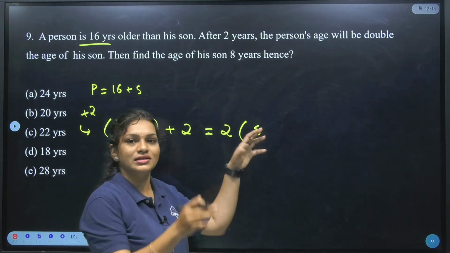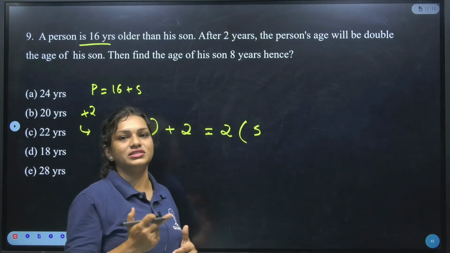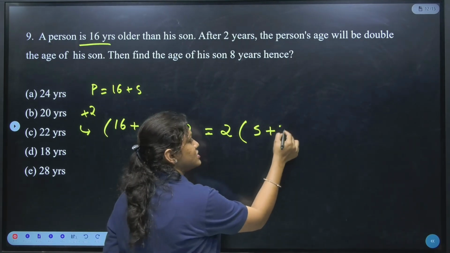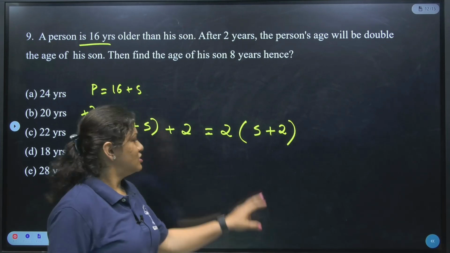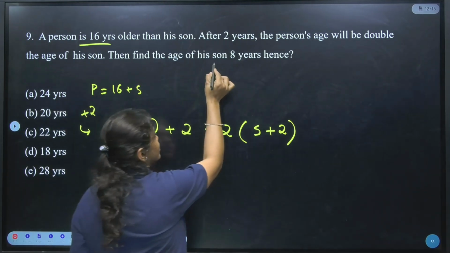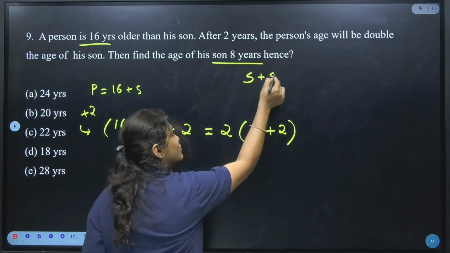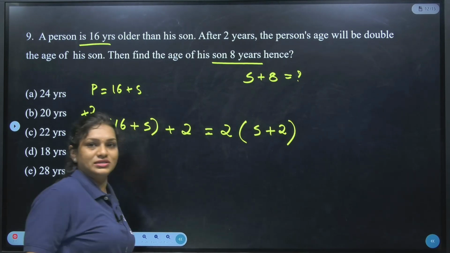At present the son's age is s, so after 2 years, isn't it s plus 2? Yes. So what is the condition they have given? Find the age of his son 8 years hence, which means s plus 8 we need to find out. Yes, I hope it is clear for everyone.